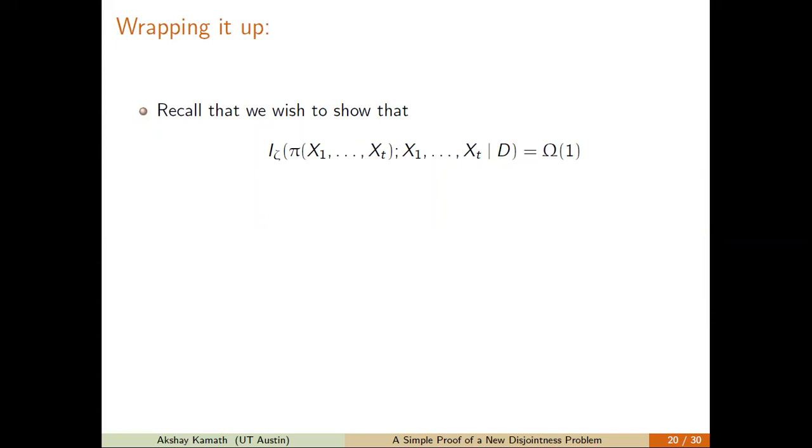So we use the claim and the lemma that we proved in the last few slides to prove the lower bound on the conditional mutual information.